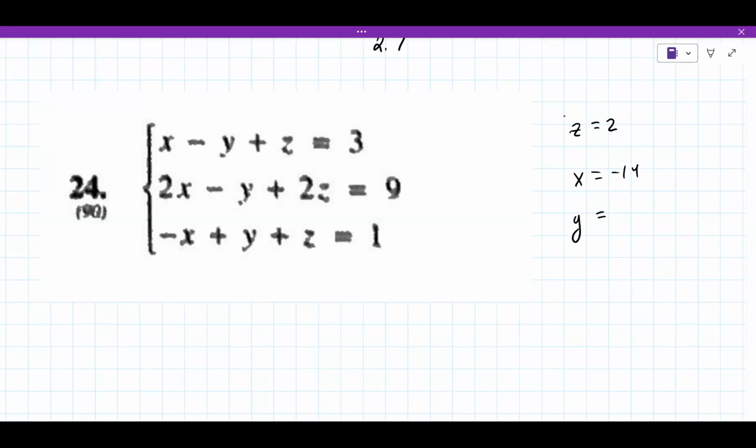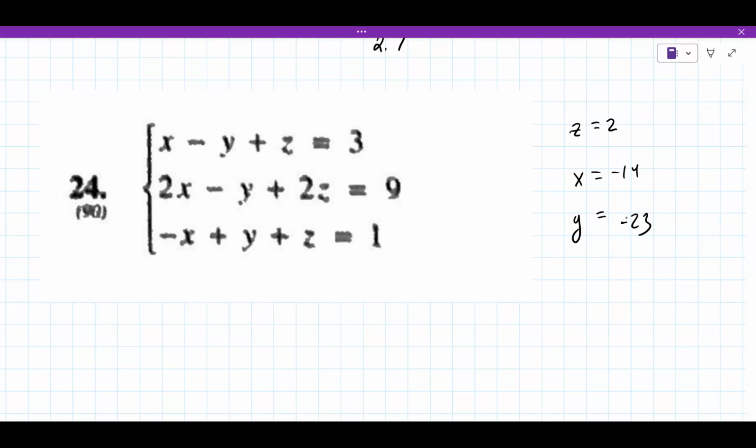Z equals 2. And then, let's see. -23 equals Y. I mean, those could be right. They seem really large, I'll just say. And when I look at the first one, it doesn't work.